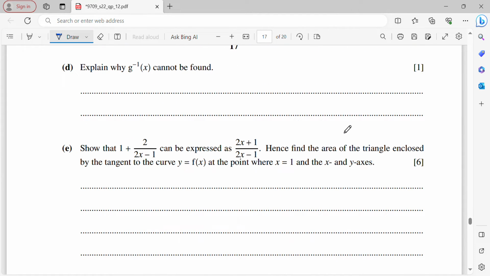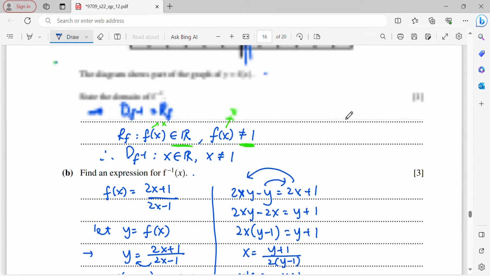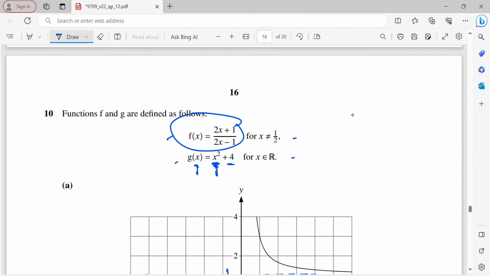D. Explain why g inverse cannot be found. Okay, now let's look at the g(x) graph or g(x) function. When you look at g(x), this is a quadratic function. So for quadratic function, by looking at the domain here, when you draw the graph, when x is 0, your y is 4. That means here is 4.